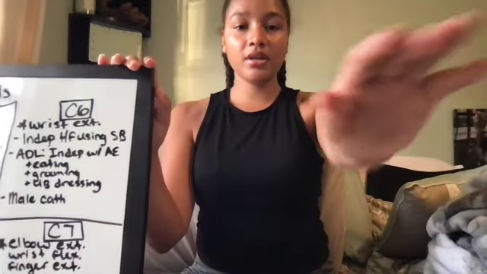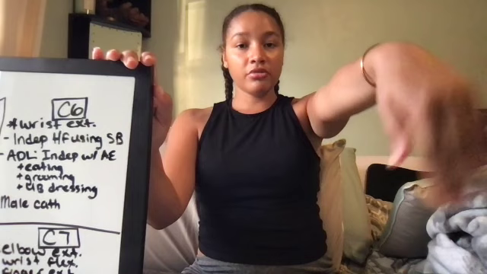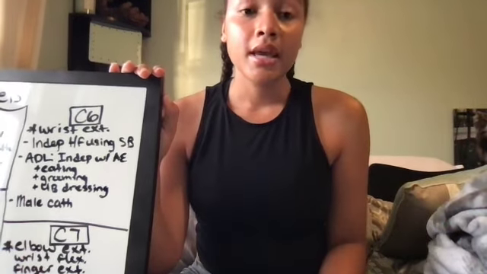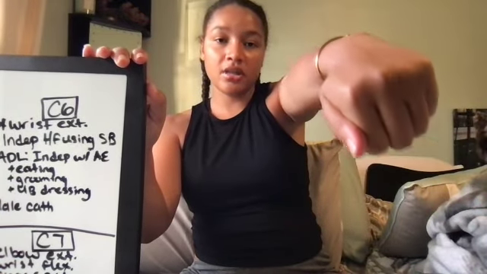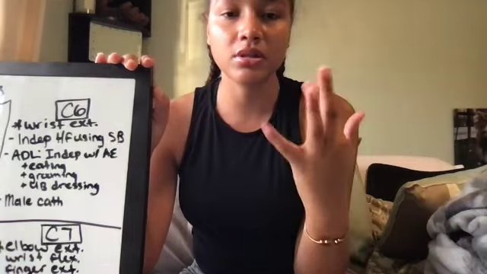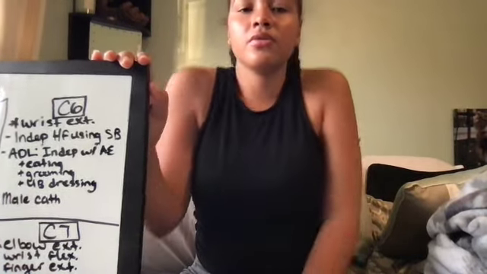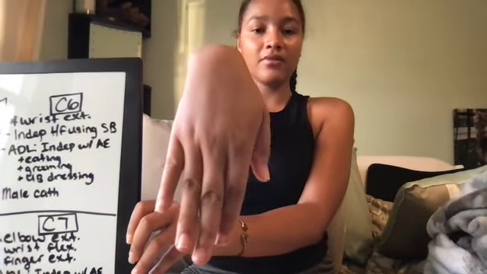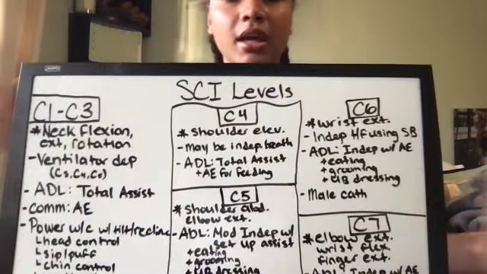C6 is wrist extension. C7 is elbow extension, wrist flexion, and finger extension. And C8 is flexion of the fingers. And then T1 is the intrinsic muscles, so I just kind of think of it like that. So 1, 2, 3, 4, 5, 6, 7, 8, T1. Okay, that's how I think of it, and that's how I remember it.